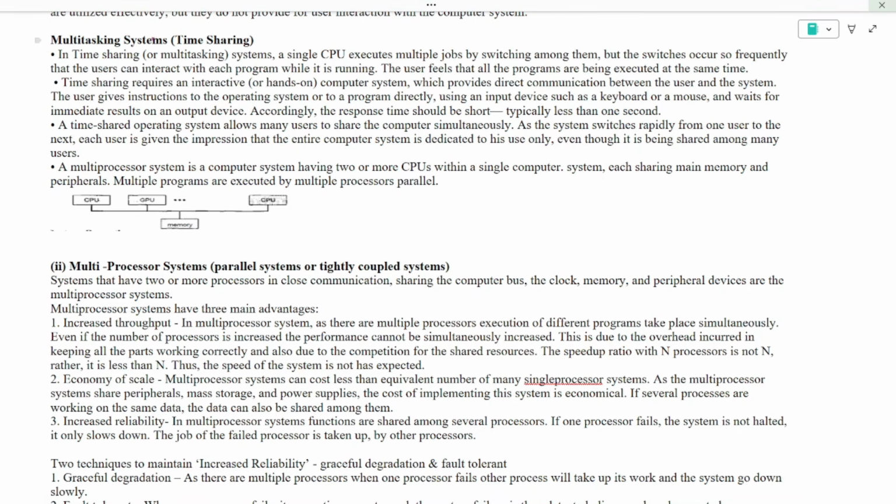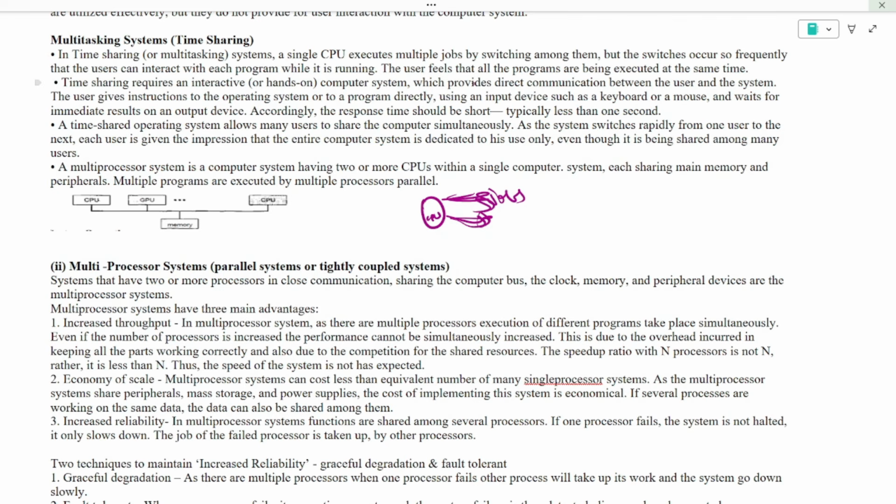Now the multitasking system, that is called time sharing. A single CPU executes multiple jobs by switching among them. But the switches occur so frequently that the users can interact with each program while it is running.